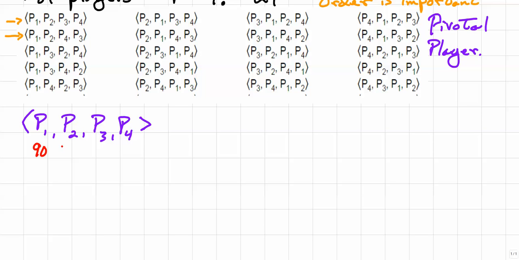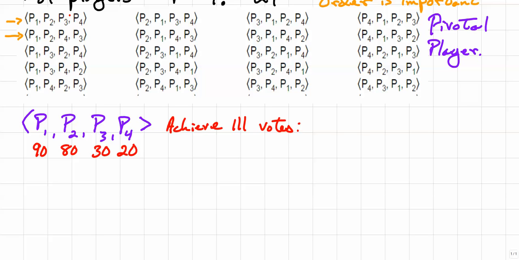The second one, P sub 2, has 80 votes. The third one, P sub 3, has 30 votes. And the fourth one, P sub 4, has 20 votes. Now remember that we want to achieve 111 votes.